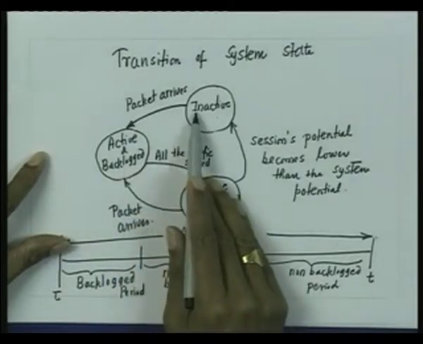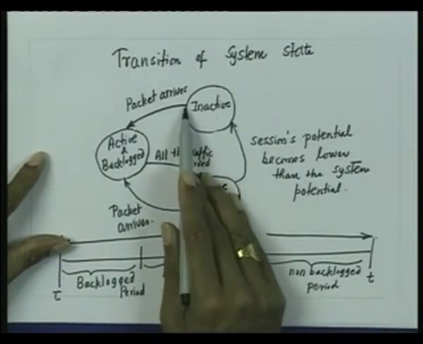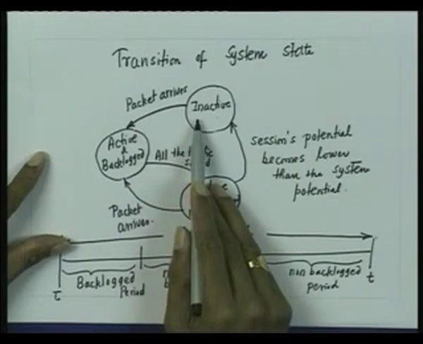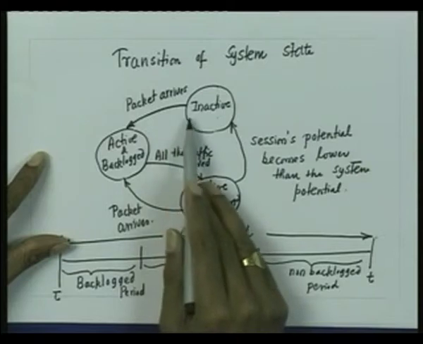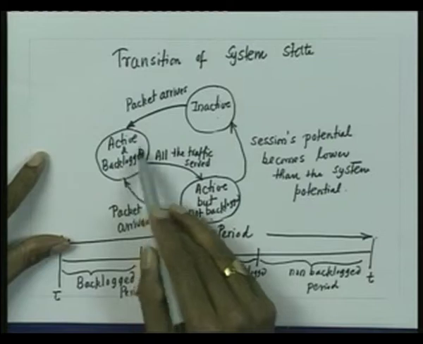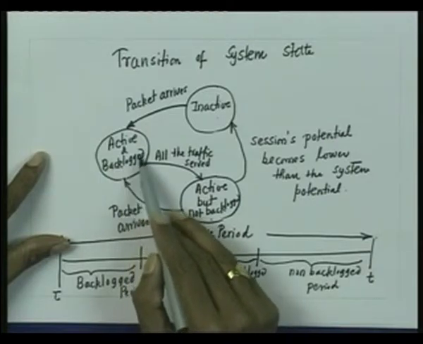So when the session is inactive and a packet arrives, the session's potential is updated and may be kept equal to the system potential. So in that case, it's active and also backlogged.